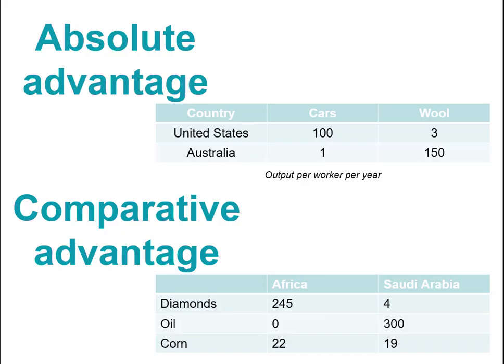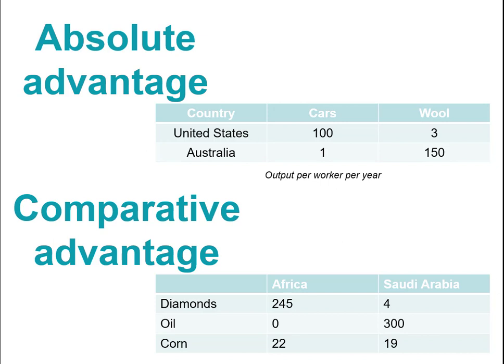When it comes to the basis for international business, we have to talk about absolute and comparative advantage. Absolute advantage is the ability to produce a specific product more efficiently than any other nation. You can think of this example here on the screen.